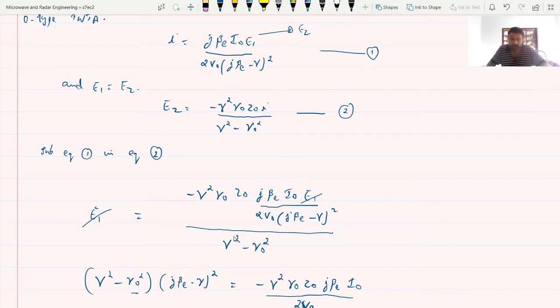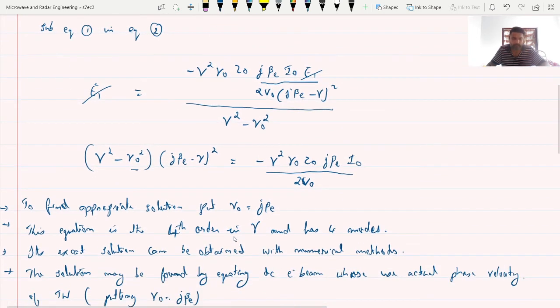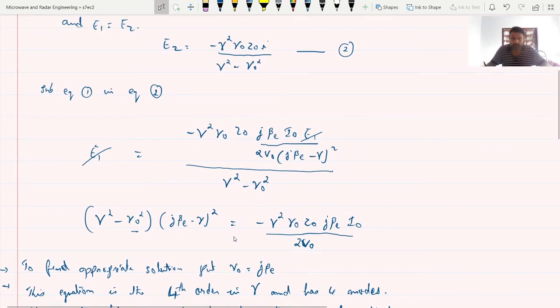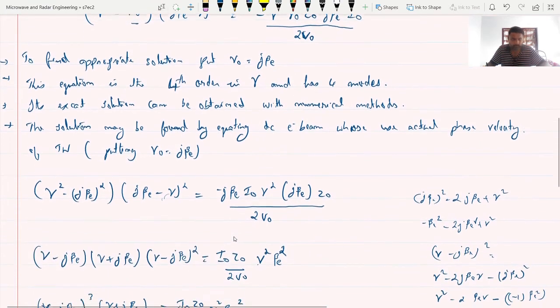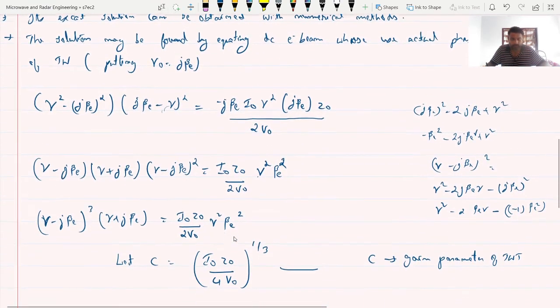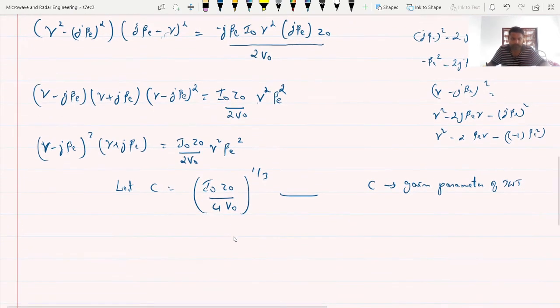I will call this as equation. j beta. Anyway, correct only.